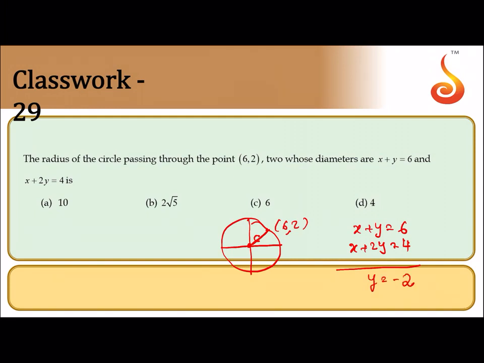We subtract it. So 2y minus y will give you y is equal to minus 2. If y is equal to minus 2, x is equal to 8. So we get the coordinates of center as (8, -2). The point on the circle is given to you, (6, 2). So from that we can find the radius.